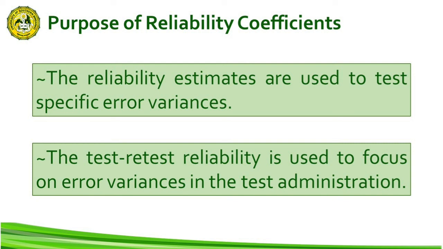Yung split half, yung inter-item consistency, and the inter-scorer. Yung error variances naman, these are the test construction, test administration, and test scoring interpretation. So, di ba, yun yung reliability estimates at yung error variances.